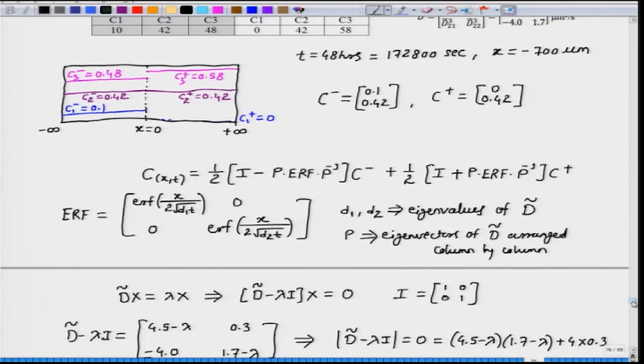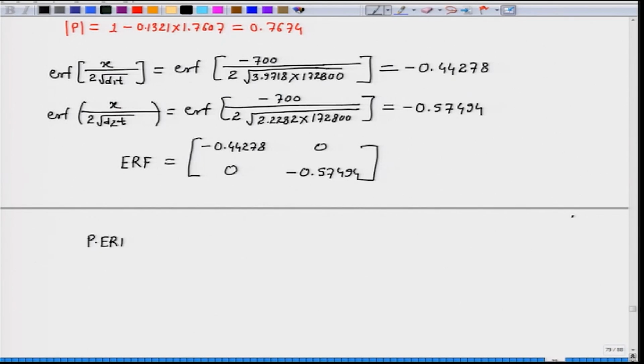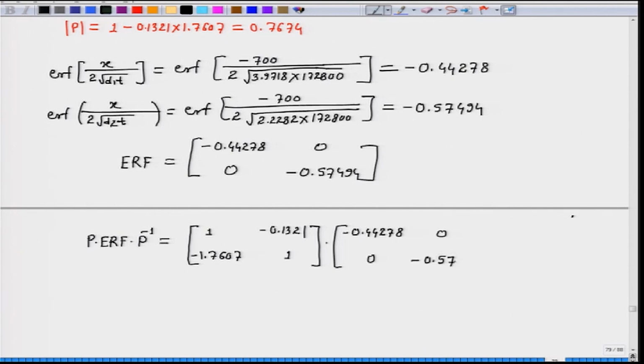Okay. So, we can obtain this product P times ERF times P inverse is equal to, substitute for P, which is 1, minus 1.7607, minus 0.1321, 1, times minus 0.44278, 0, minus 0.57494, and P inverse is 1.3031, 0.1721, 2.2944, 1.3031.